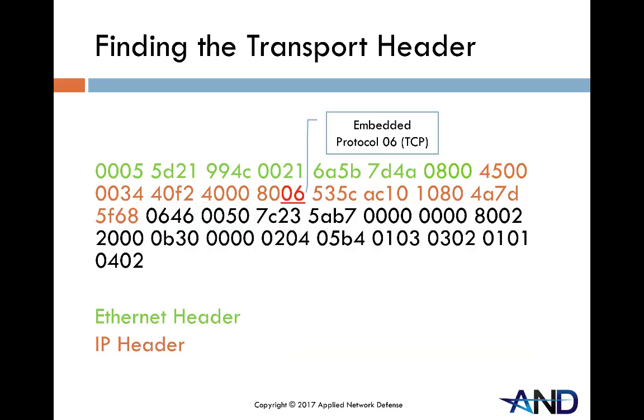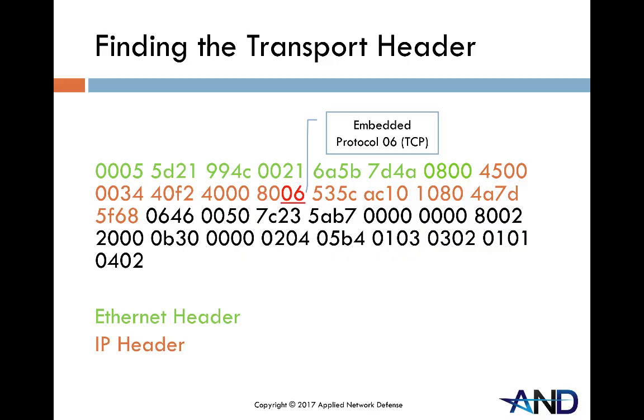So we can identify byte offset 9 here, and I've highlighted it here in red, and it has the value 06. Now, once again, there's a chart you can look up to see what the expected values are here and what each one maps to, and there are certainly a lot of options. In this case, we see 06, which maps to TCP. So this tells us that immediately following the IP header, we're going to encounter TCP data or a TCP header right here, and we need to parse that using a TCP packet map.